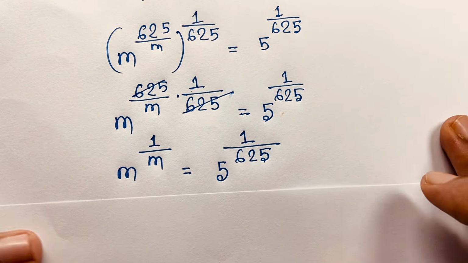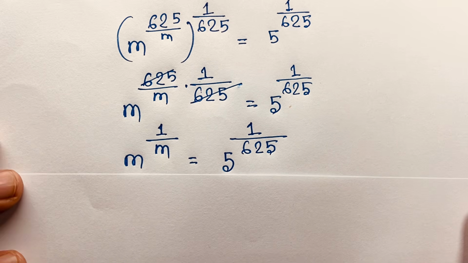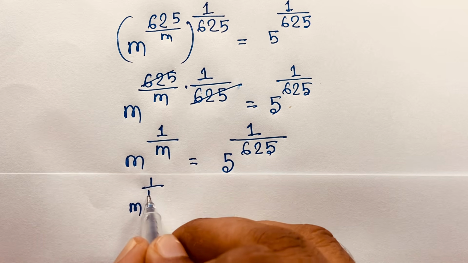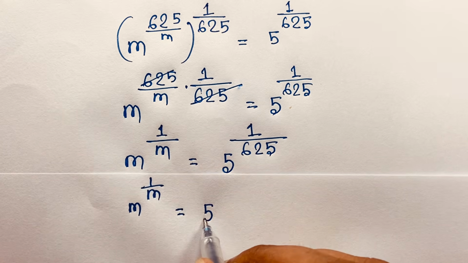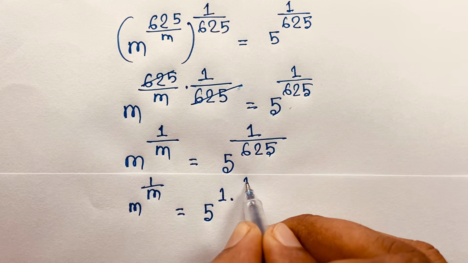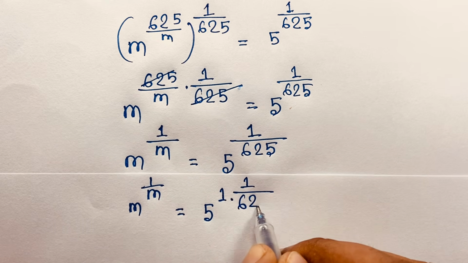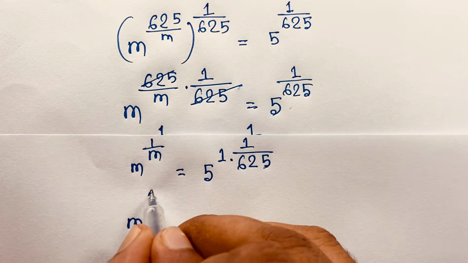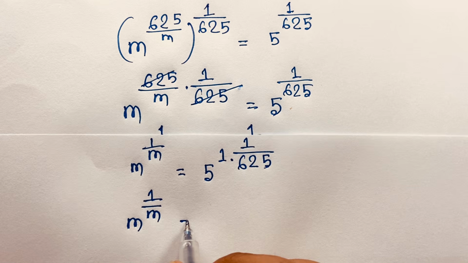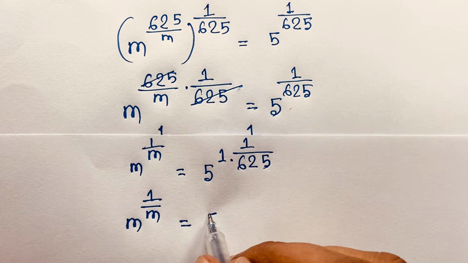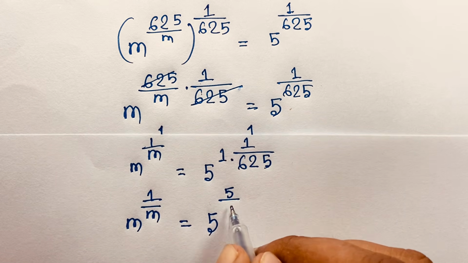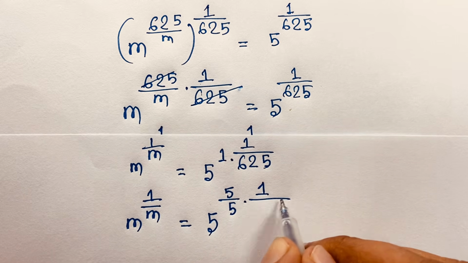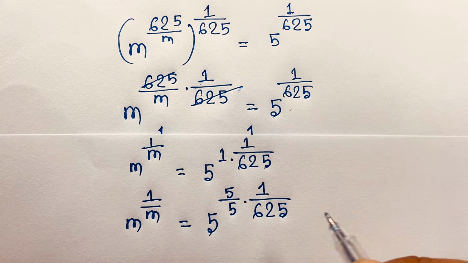Let me explain. At this moment, I can see easily this expression will be m to the power 1 over m is equal to 5 to the power 1 times 1 over 625. Then m to the power 1 over m is equal to 5 to the power 5 over 5, oh no, 5 divided by 5, this is 1 times, here is exponent 1 over 625.